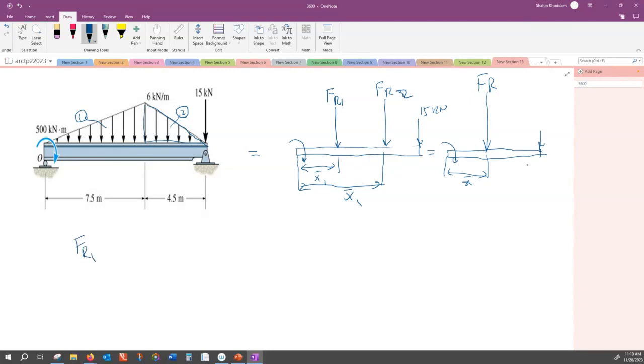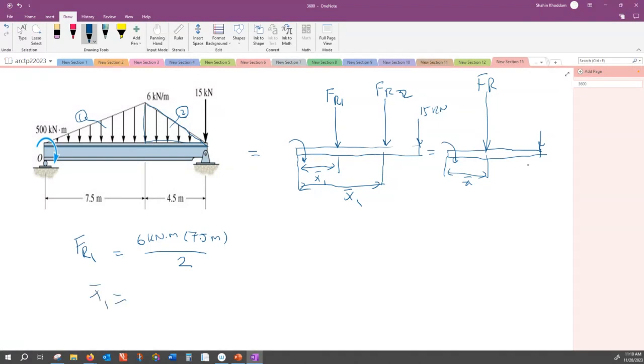FR1, that is the area under the triangle, the area of the first triangle. The base is 6 kilonewton per meter, multiplied by the span. Span is 7.5 meter. Divided by 2. And what about X bar 1?